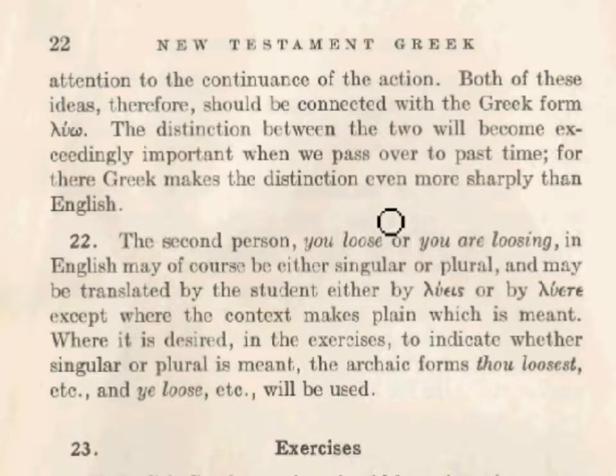So I loose, punctiliar, as opposed to I am loosing, which is the linear idea. He continues that discussion here. The second person, you loose or you are loosing, in English may be formed either in the singular or the plural, and he mentions here that he's going to use this convention thou and ye in order to make that distinction.